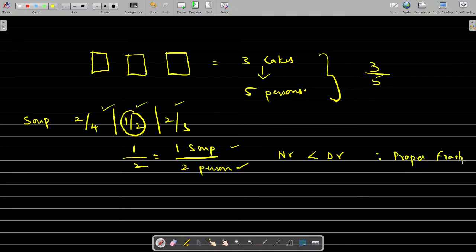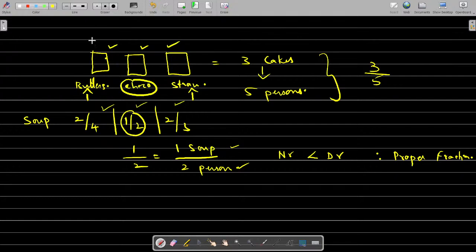Instead, I am going to share these 3 cakes with 2 persons. You understand? I am buying 3 cakes. One is butterscotch, one is chocolate, and another one is strawberry cake. You like butterscotch, I like strawberry very much, and this chocolate cake, we both like it.